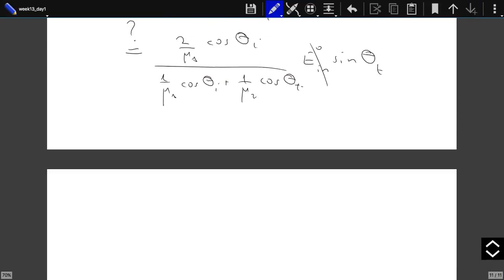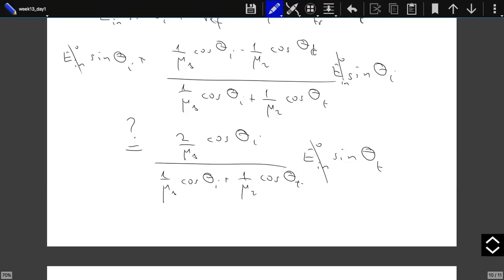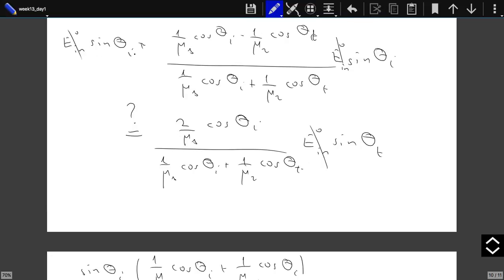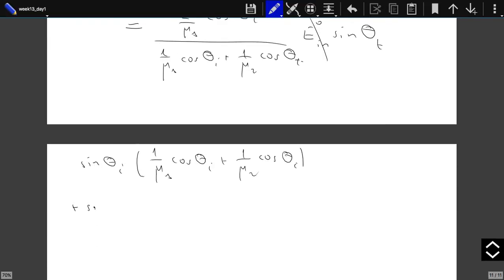Let's see. Let me just multiply with 1 over mu1 cosine theta I plus 1 over mu2 cosine theta t. Sine theta I times 1 over mu1 cosine theta I plus 1 over mu2 cosine theta t. This is the first term. The second term is basically the same thing with a minus sign.